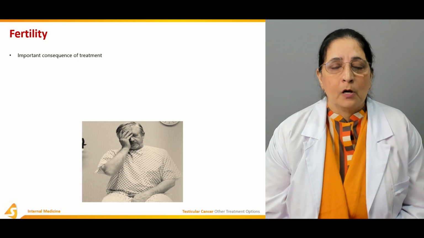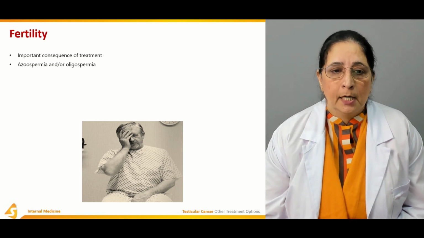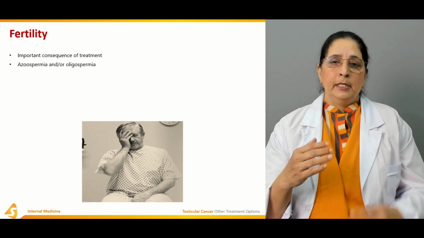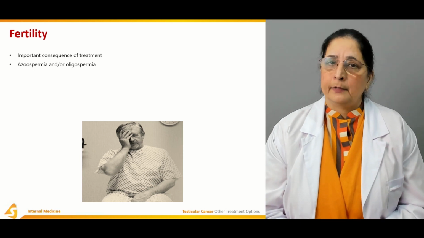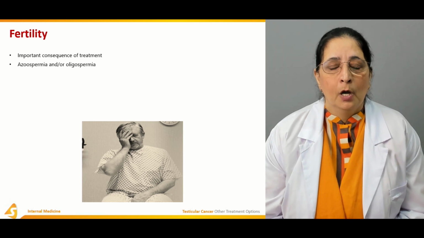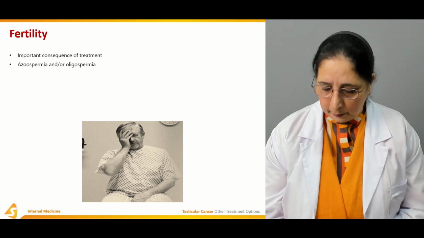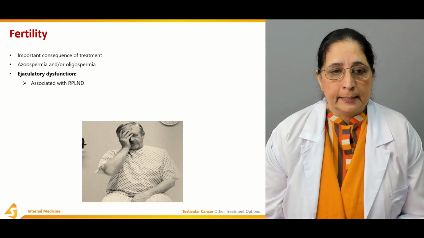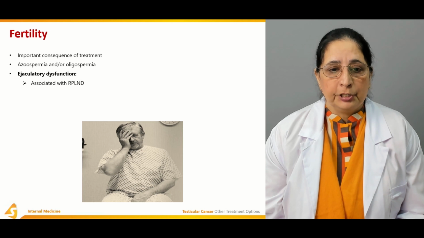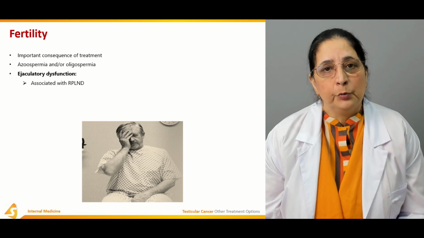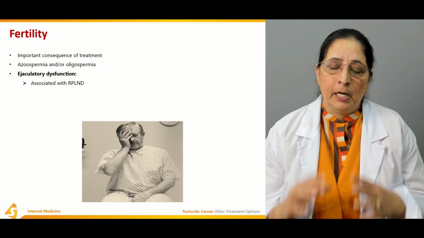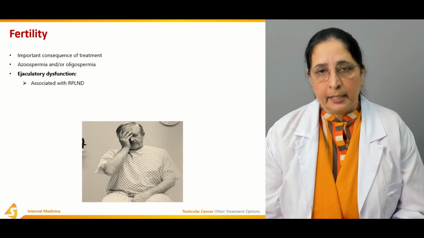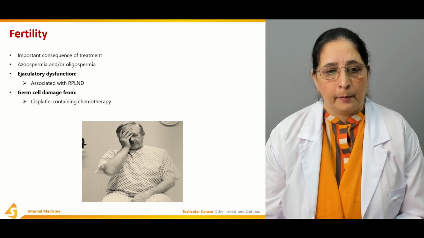Fertility is an important consequence of treatment, with azoospermia or oligospermia. The sperm are either completely absent, or the number of sperm is decreased, which is associated with infertility. Ejaculatory dysfunction occurs with retroperitoneal lymph node dissection; if a nerve-sparing procedure is done, we can preserve against this problem.